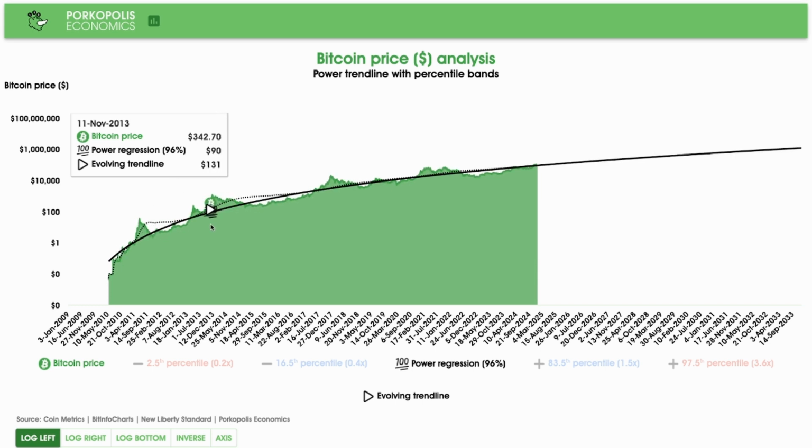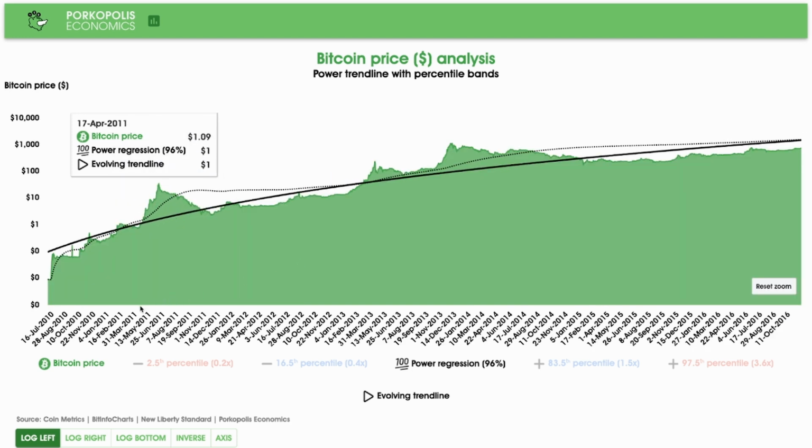So that's what I'm going to do. What I'm going to do basically is show you now the real-time past evolution of the way that the price would go, not around the 100 solid black line, but around the play button dotted black line.